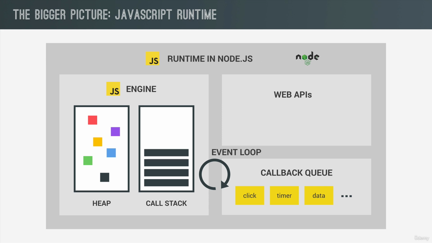It's pretty similar, but since we don't have a browser, of course we can't have the web APIs, because it's the browser who provides these. Instead, we have multiple C++ bindings and a so-called thread pool. Now, details don't matter here at all. I just want you to know that different JavaScript runtimes do exist.